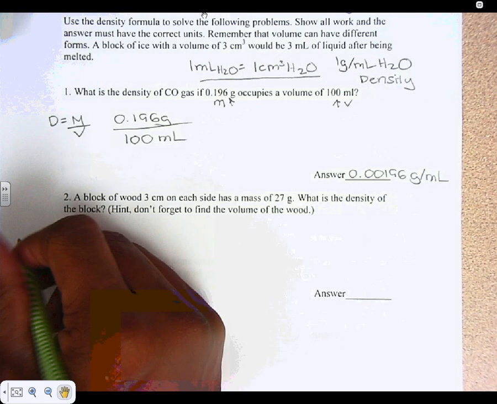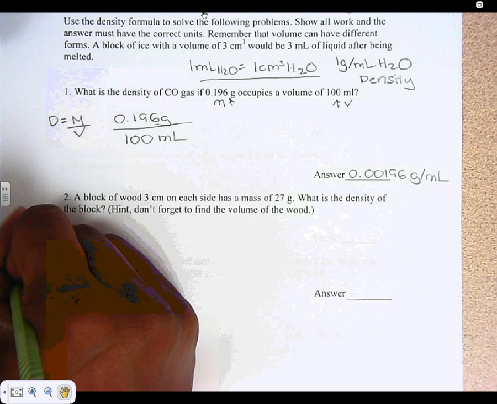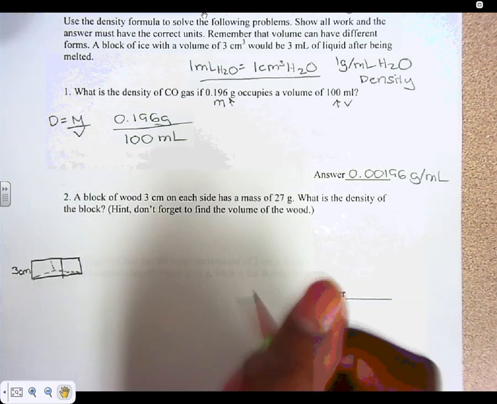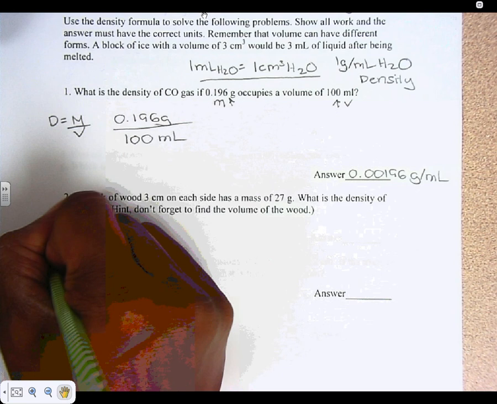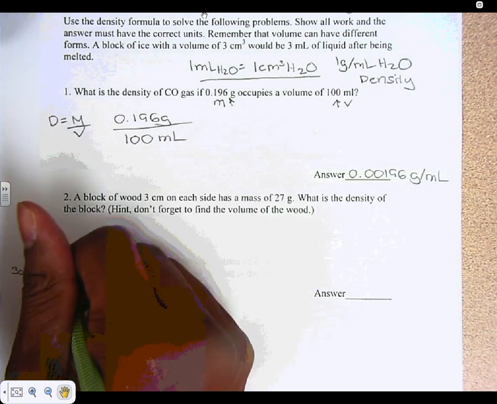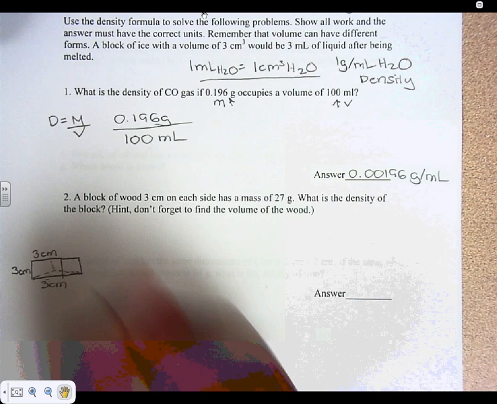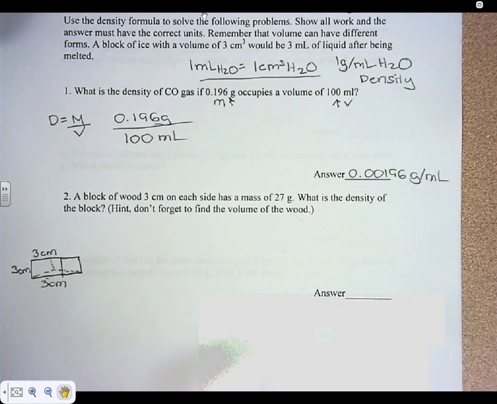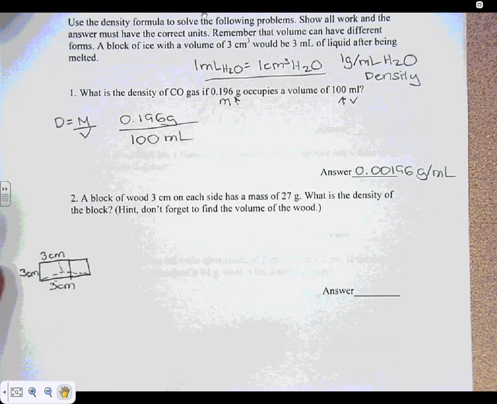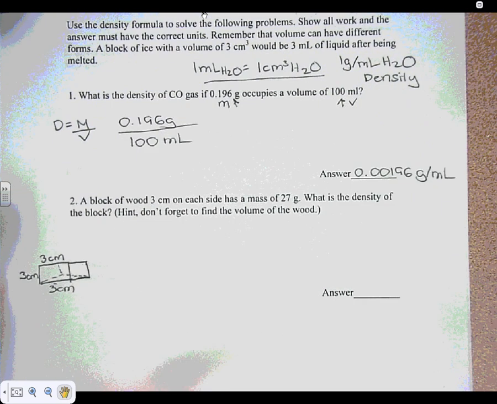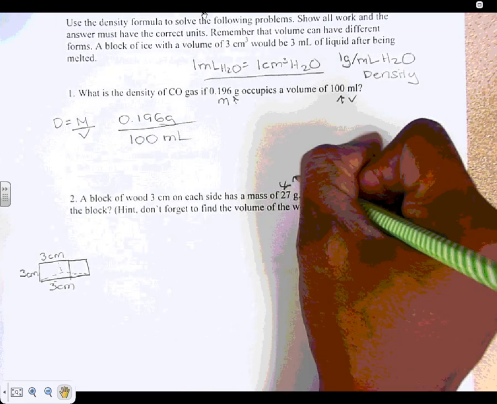That being said, we're assuming that the block has 3 centimeters on each side. So 3 centimeters here, 3 centimeters here, and 3 centimeters here. We're looking at a three-dimensional object, and the volume is going to be represented using cubic centimeters. Now, this is our mass.